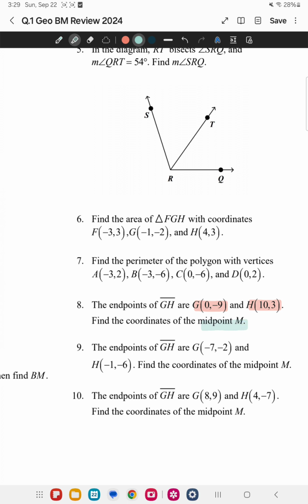And so the formula for this, hopefully you will remember, and this is for 8, 9, and 10, we're going to do x sub 1 plus x sub 2 divided by 2 equals my midpoint.